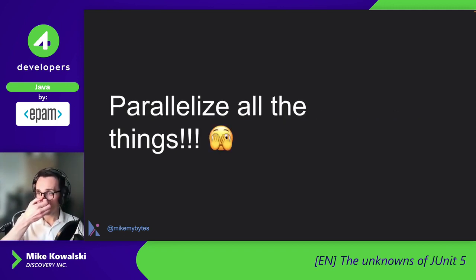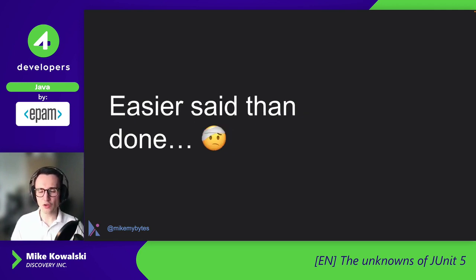Whenever discussing the possibility of running our tests in parallel, we might think that parallelizing all of them at once is actually a good thing. However, it's often easier said than done.